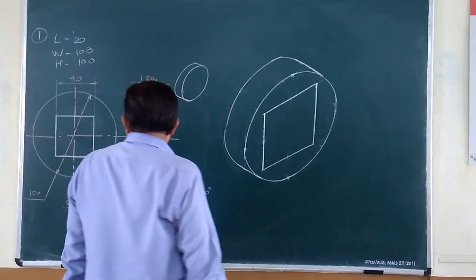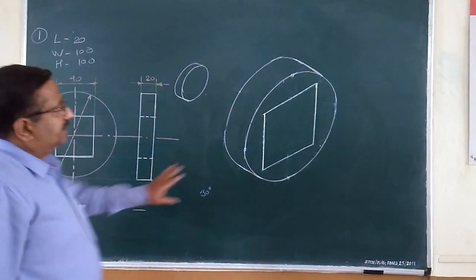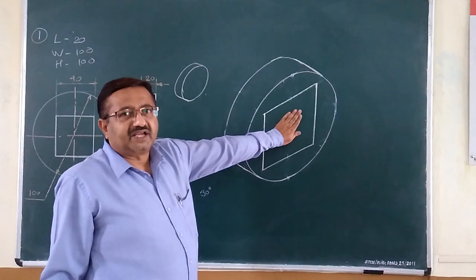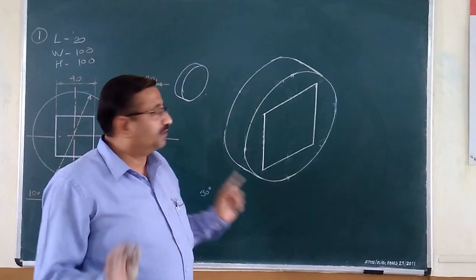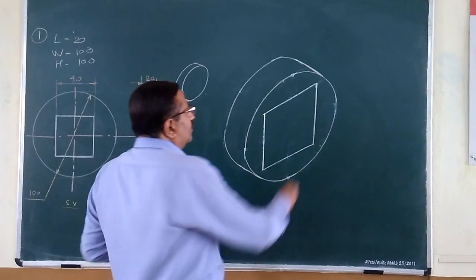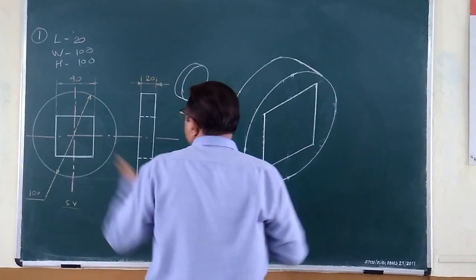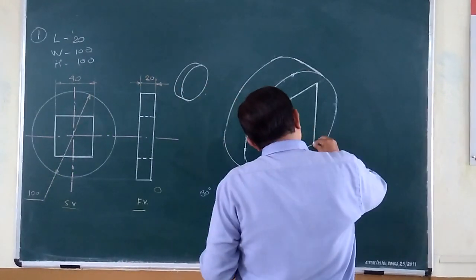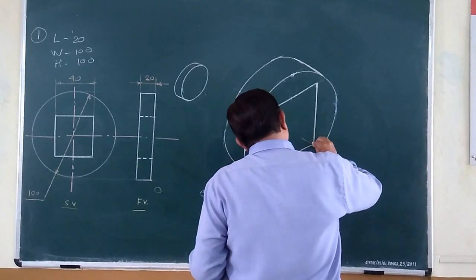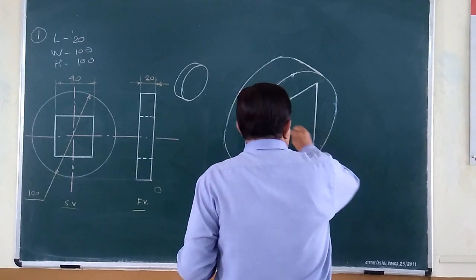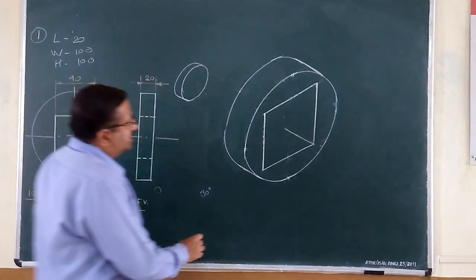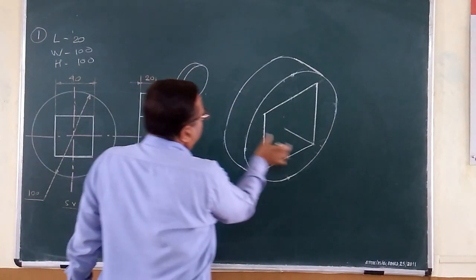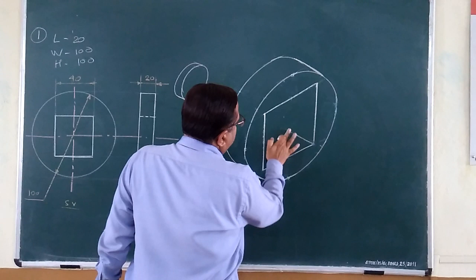Now what you have to do: this just seems to be one rhombus I have constructed by pen, but I should give the effect of a hole. Now I have to choose a single corner, and through that corner, parallel to left 30, I have to construct one line. This is the corner of that hole, and how thick is it? The same thickness of the plate you have to mark on this.